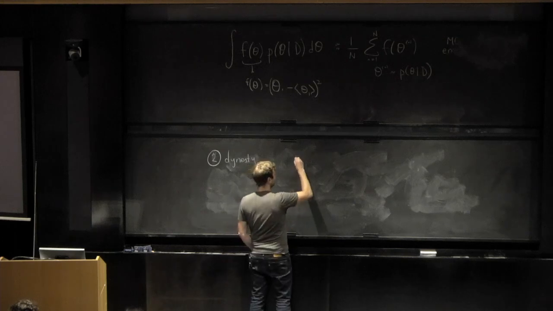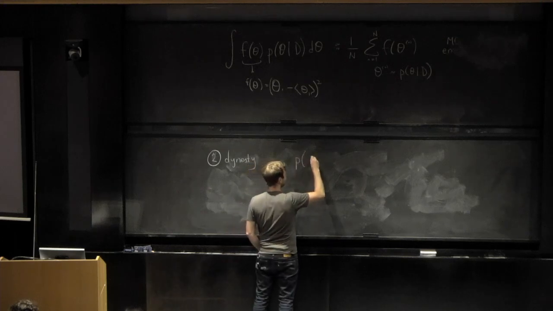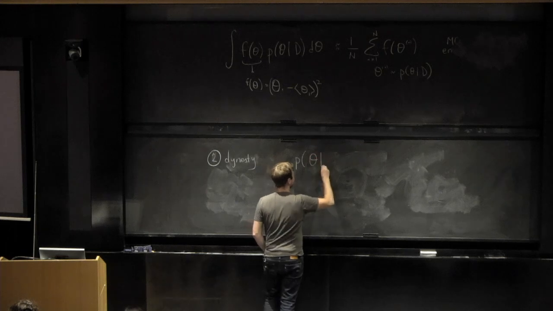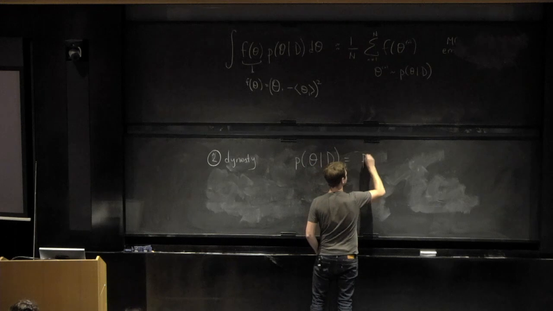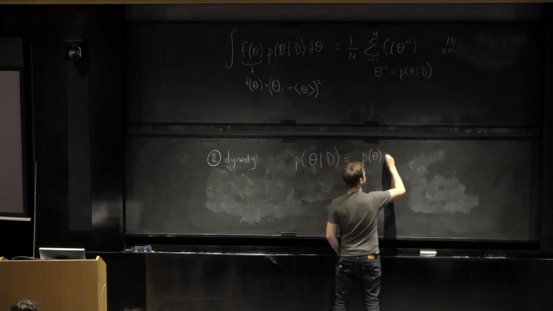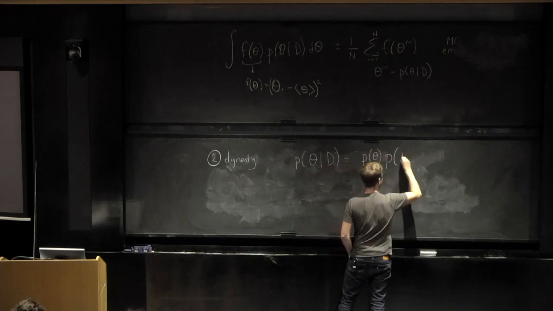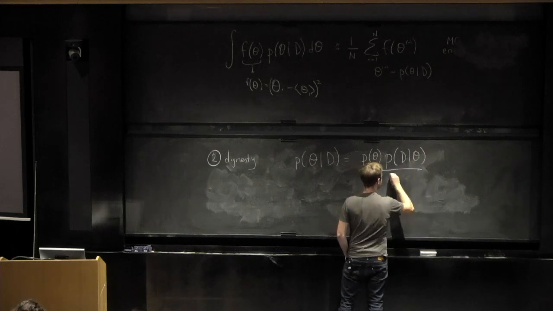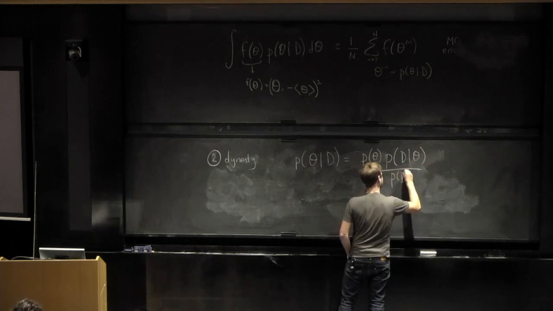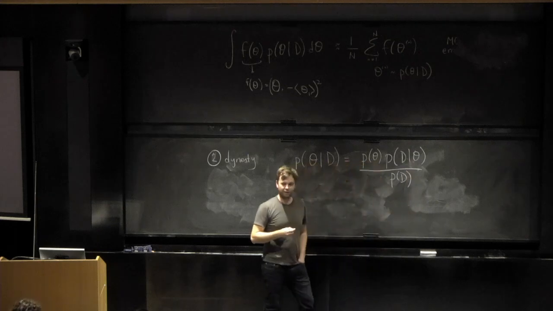So you remember from yesterday that the posterior probability is the prior times the likelihood, divided by this normalization constant that we mostly get to ignore in MCMC.